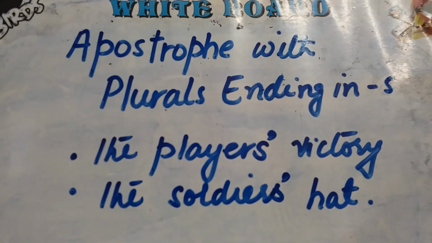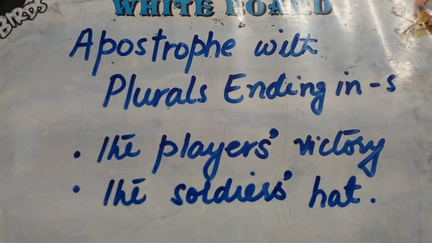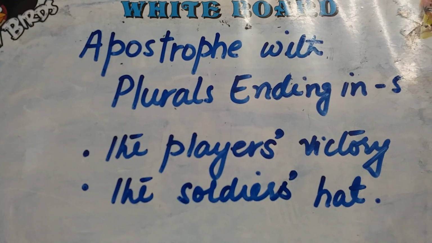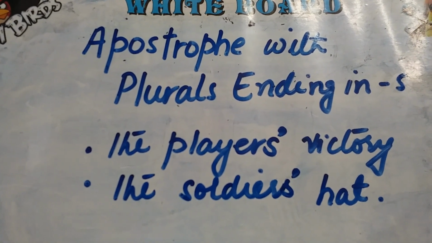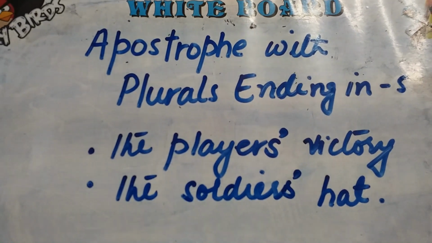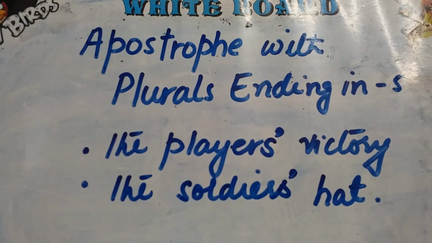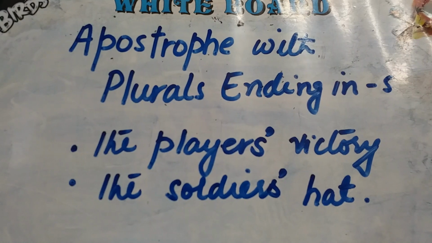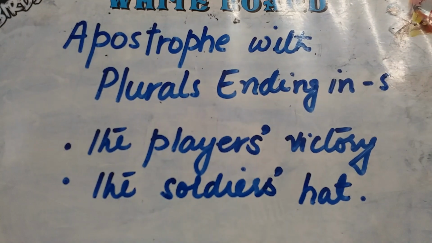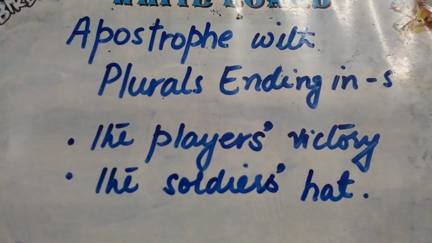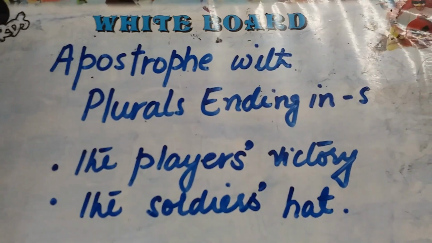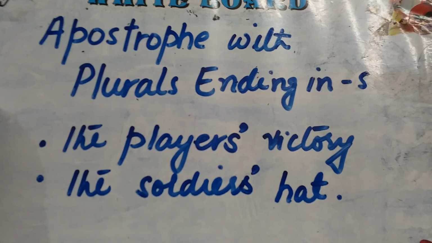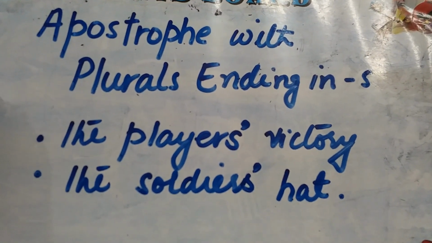Okay, now there comes a question. If you are showing the ownership of something that is possessed by a group of people, so we have a plural here, how do we use the apostrophe to show the possession? We will not add apostrophe plus S to show the ownership.